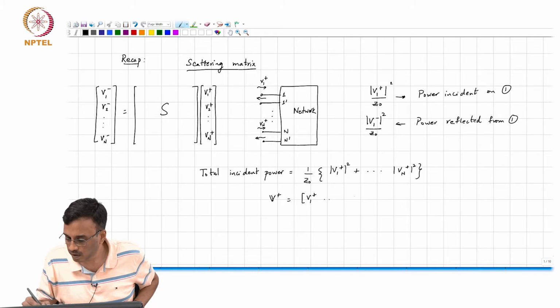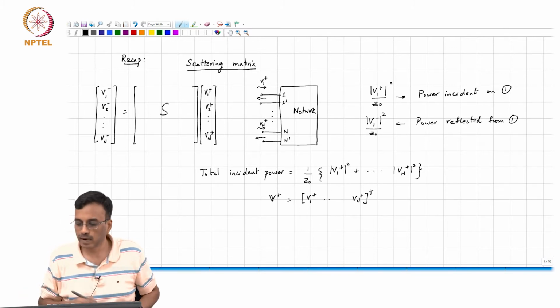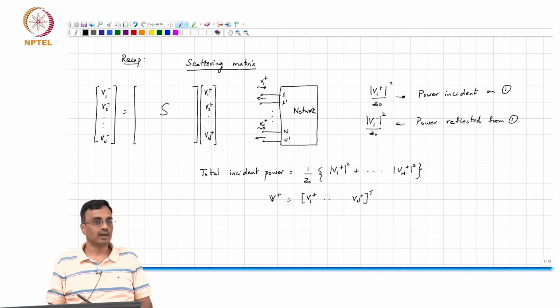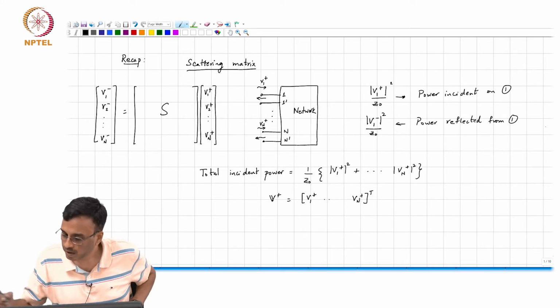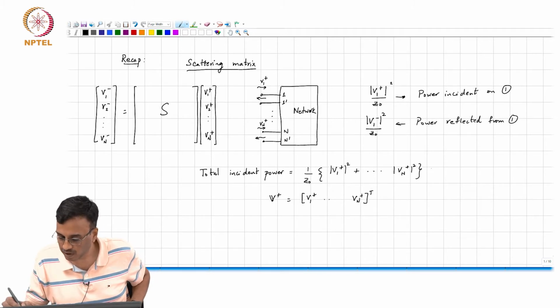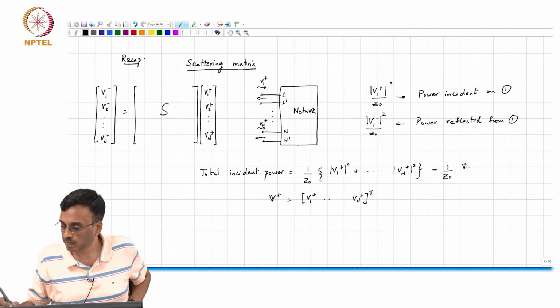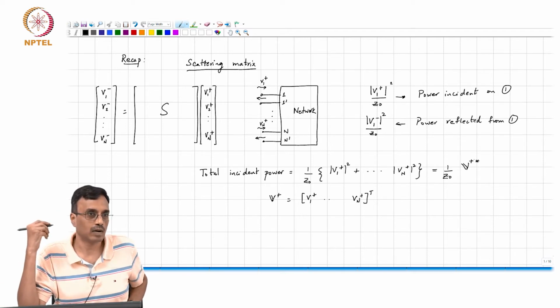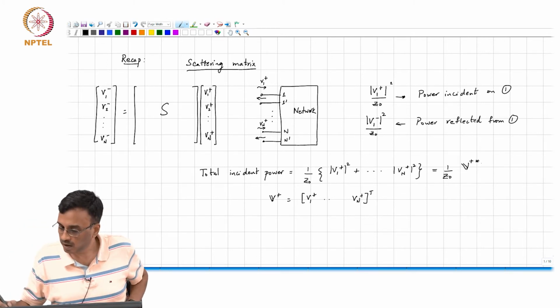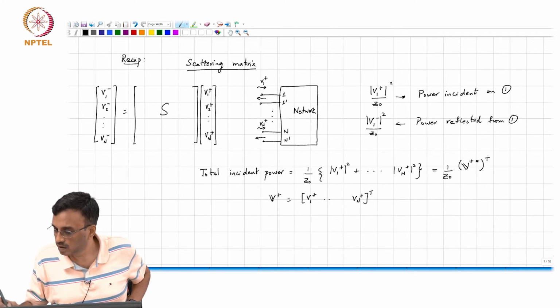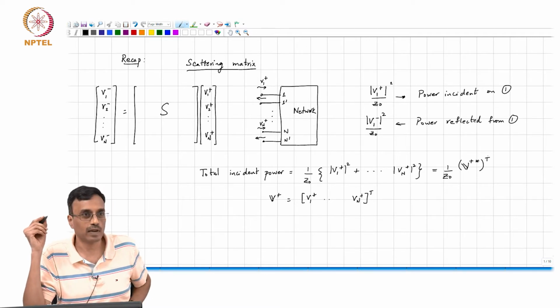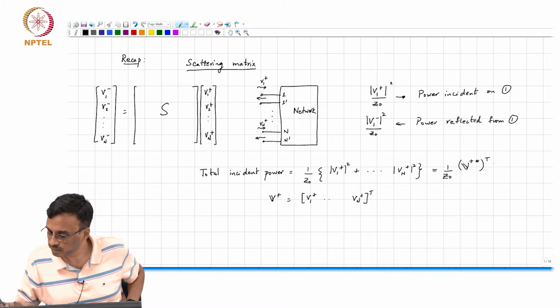V1 plus to VN plus is the column vector of all the amplitudes of the incident waves, and therefore the incident power in terms of this column vector can be written as 1 by Z naught times V plus, conjugate, transpose, times V plus.